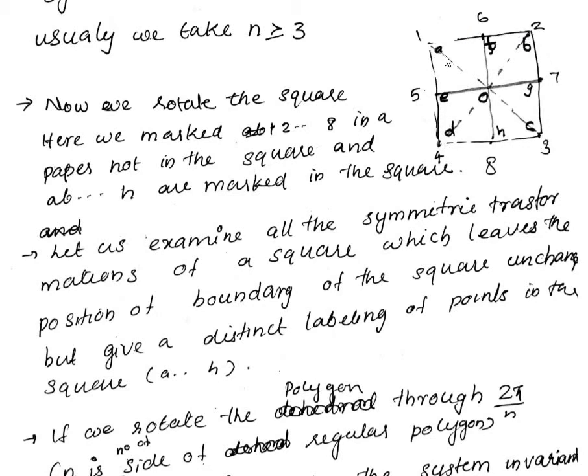Internally it is marked as A, B, C, D, E, F, G, H. All symmetric transformations are transformations which leave the position of the boundary of the square unchanged. After a transformation, suppose a rotation, if we fit the square into that paper, it should match its original shape. Then we can call that type of rotation a symmetric transformation.